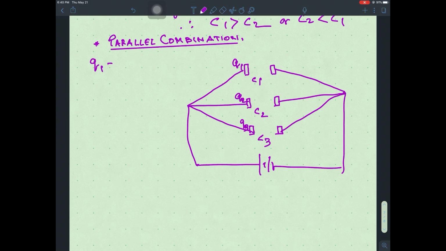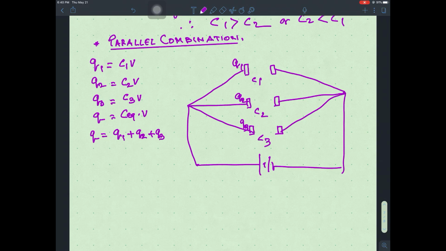So Q1 is equal to C1V, Q2 is equal to C2V, Q3 is equal to C3V, and Q is equal to C equivalent into V. Equivalent capacitance means all three capacitors are replaced by a single capacitor, but Q is equal to Q1 plus Q2 plus Q3.